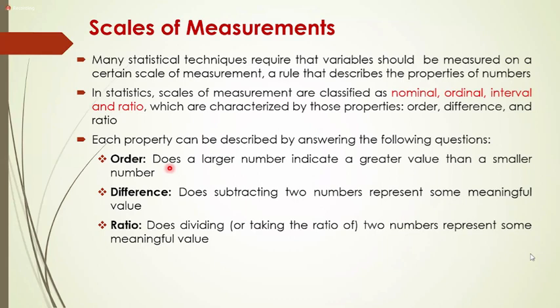So how can we identify whether our collected statistical measurement has an order scale? We have to ask a question: does a larger number indicate a greater value than a smaller number?